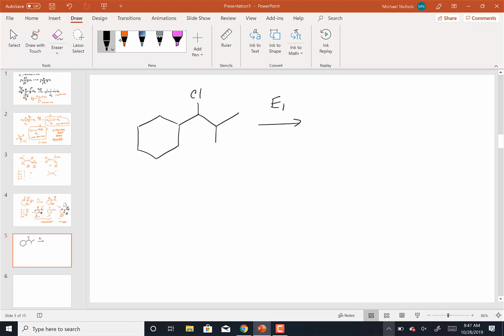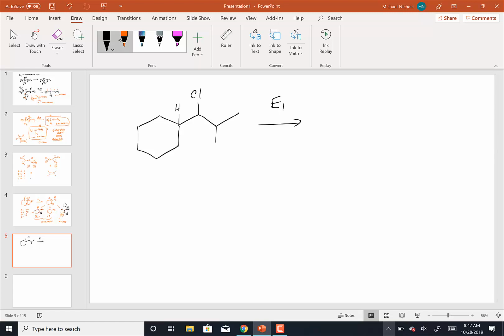So if you don't go through the mechanism, this is a way to quickly write the products. You're just going to form the double bond between the alpha carbon, and what's critical is any beta carbon that has a hydrogen. If it doesn't have a hydrogen, cannot form a double bond there.